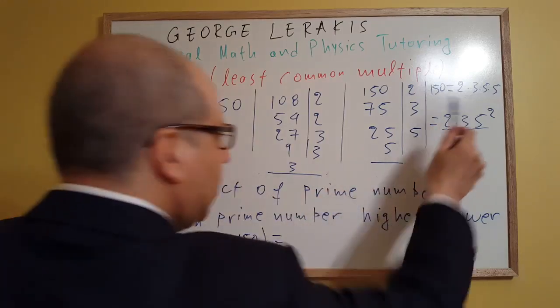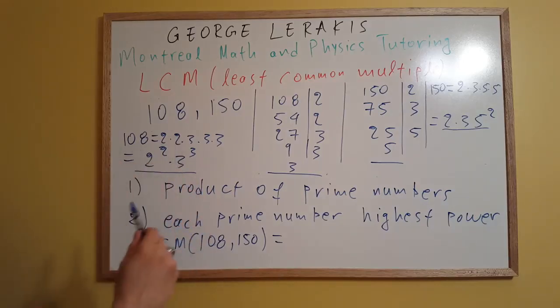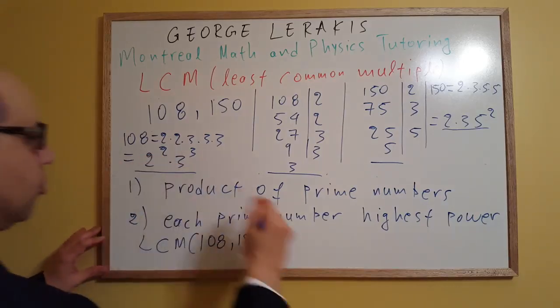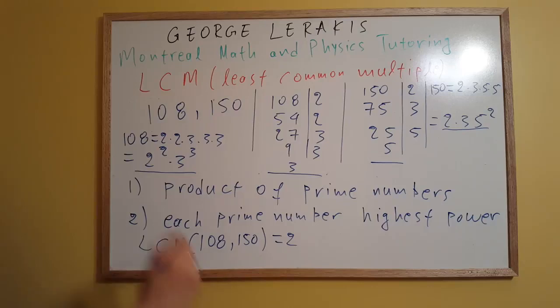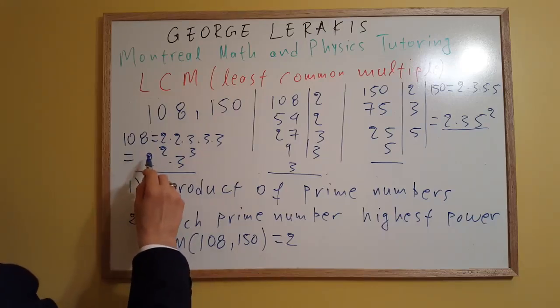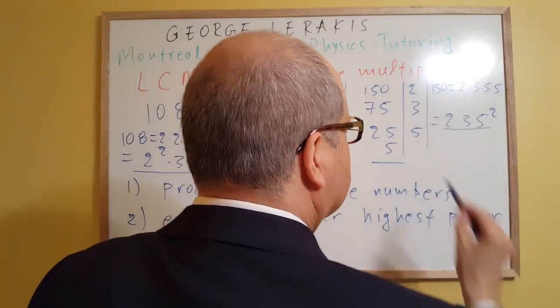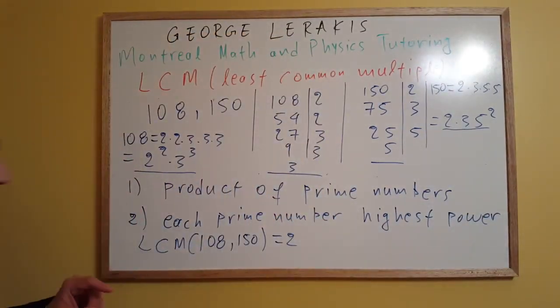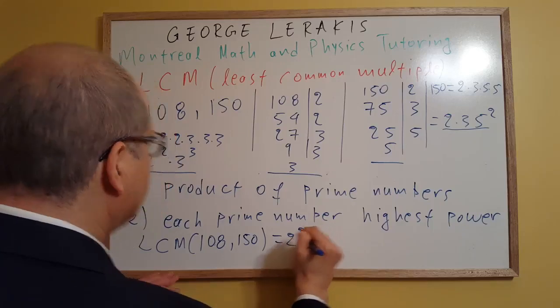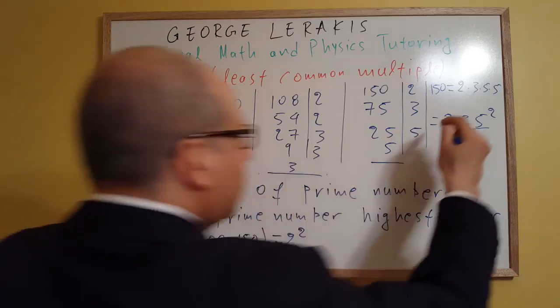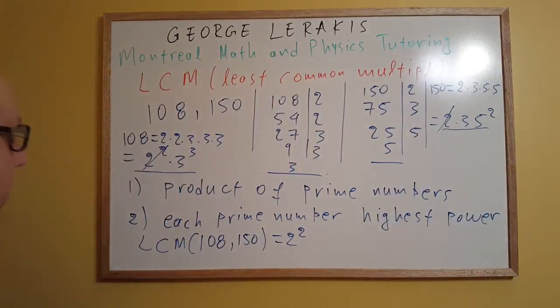Let's say we start from here. We have 2. Now 2, you have it here in the second power, and here you have it in the first power. So we said you take the highest power. So it's 2 squared. You cross it out in both of them, so you don't take it again.